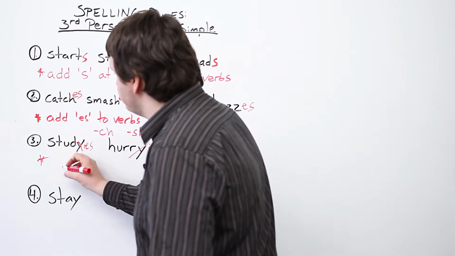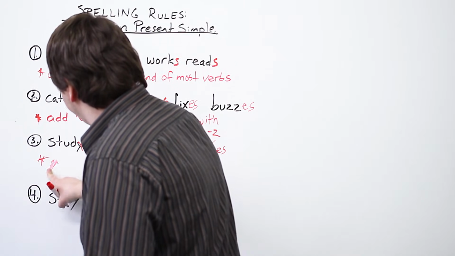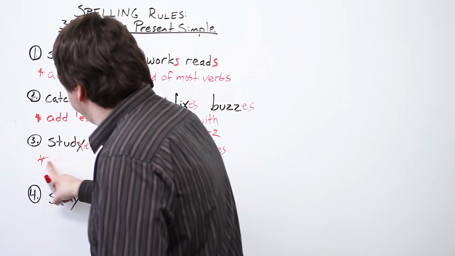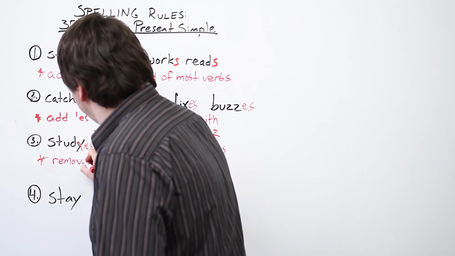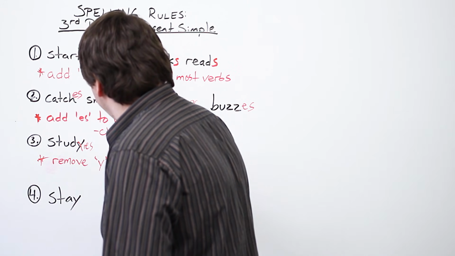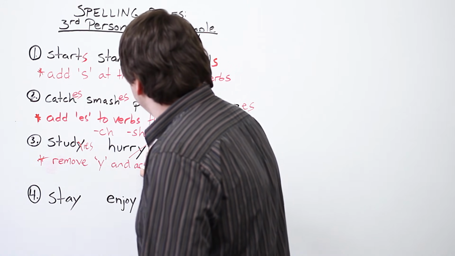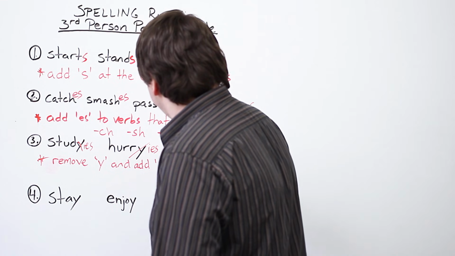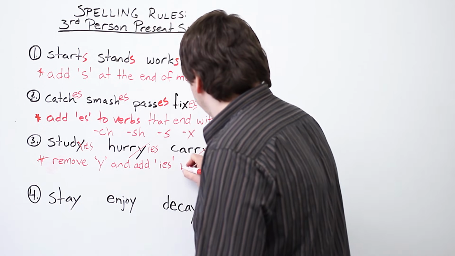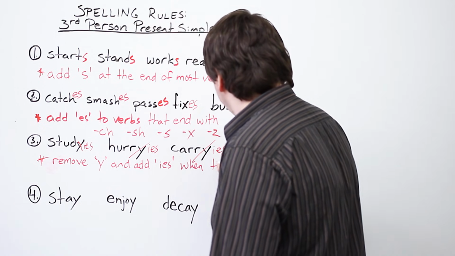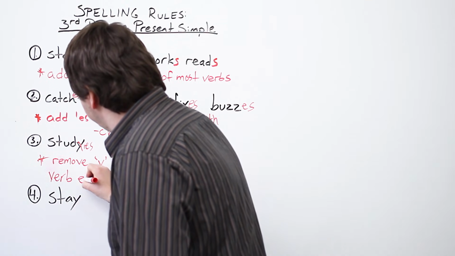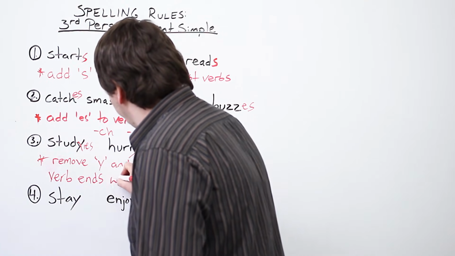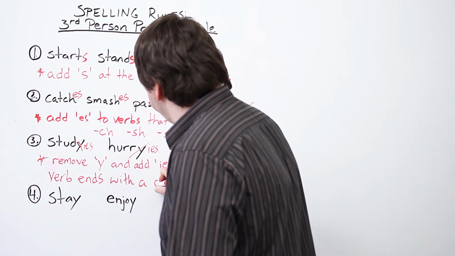So the rule is we remove y and add I-E-S when the verb ends with a consonant plus Y.